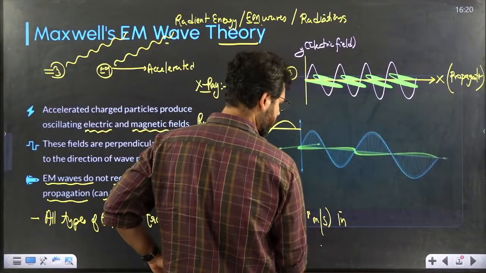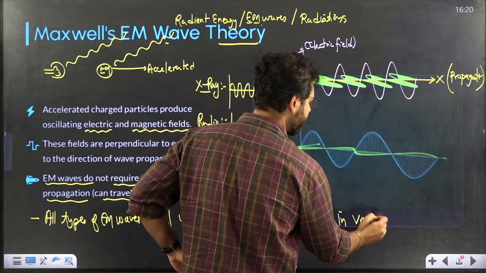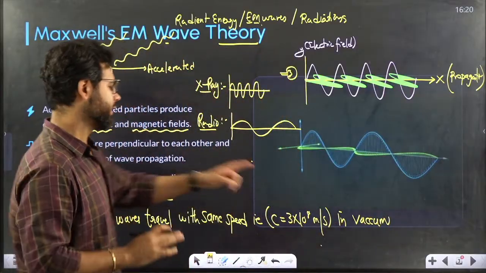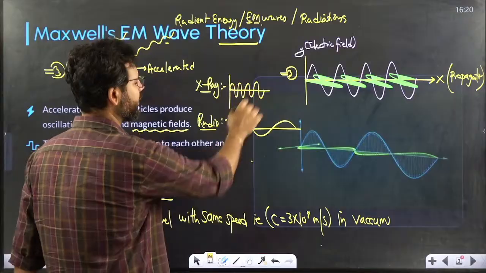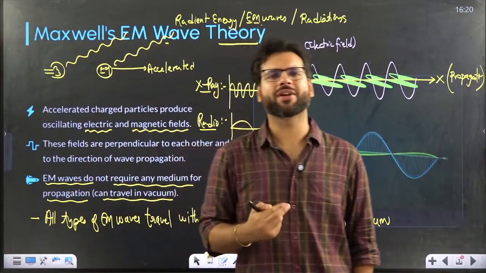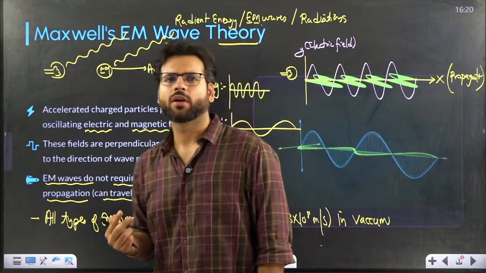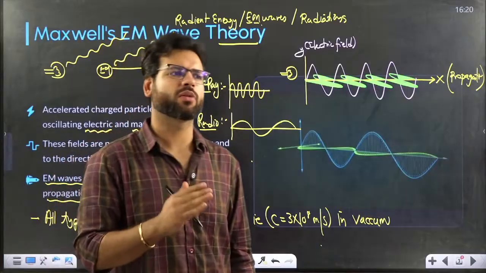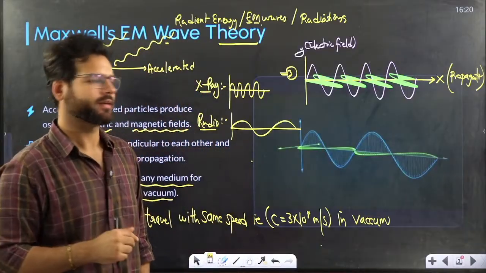Obviously you know that the speed of light changes in other mediums, but in vacuum all of them travel with the speed of light, 3 into 10 power 8, same speed they will have. So if a question is asked to you, two electromagnetic radiations have a wavelength ratio 1:5, what is the ratio of speed? You say 1:1. Speed will be the same, 3 into 10 power 8 meter per second.